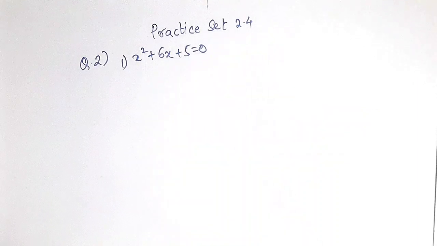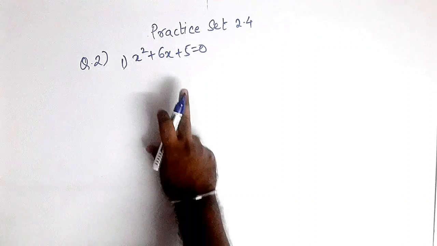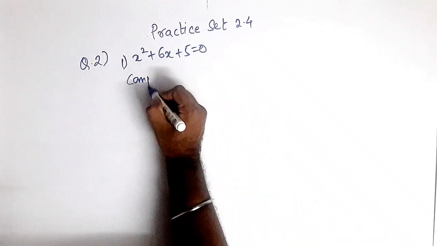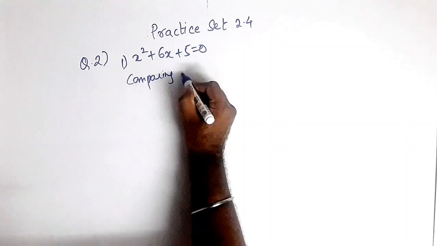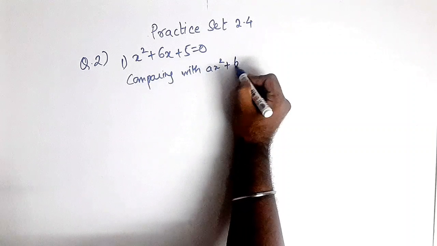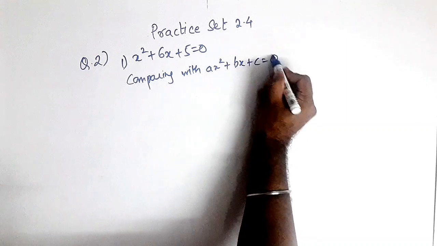So question number 2, first one, they have asked to solve it by the formula method only. Even though we can do it by factorization, splitting the middle term, they have asked us to do it by the formula method. So the very first thing is comparing with ax square plus bx plus c equals 0.